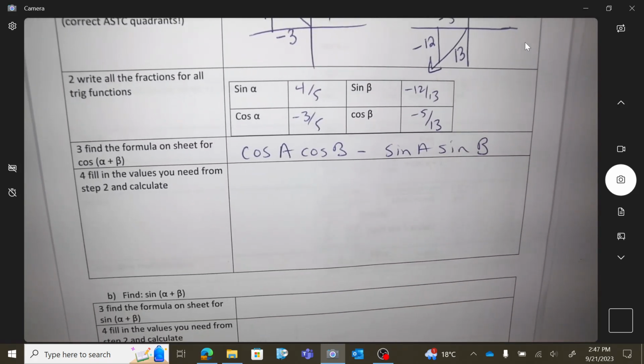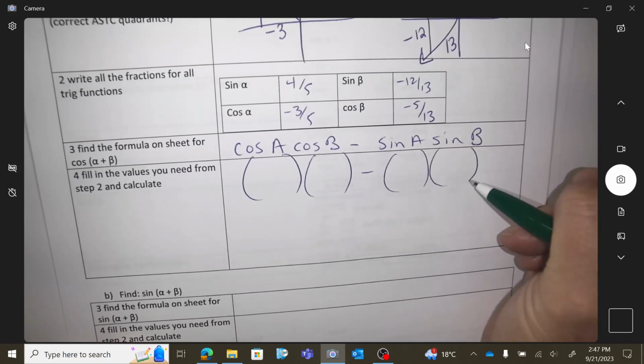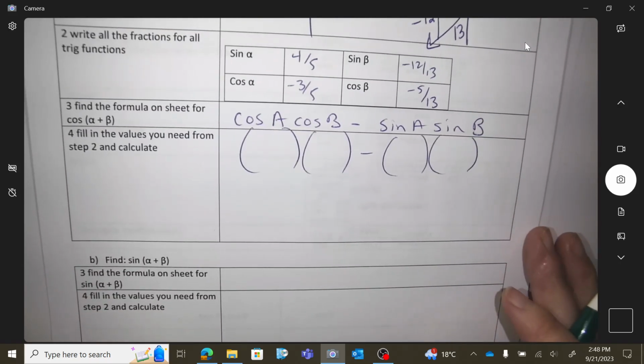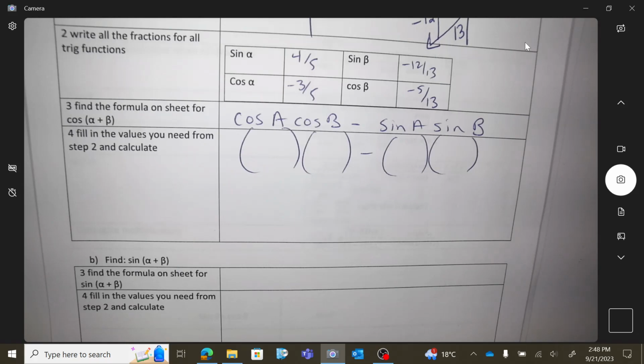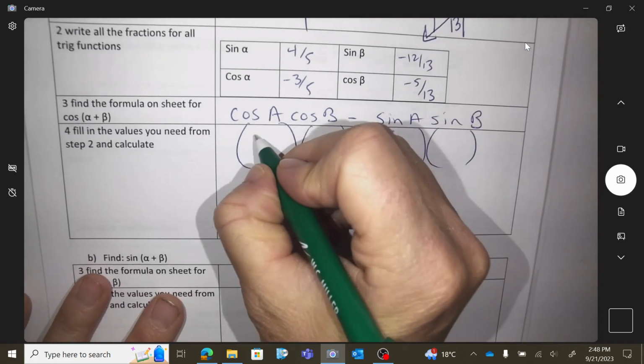So it's a cos minus a sine. Then I'm going to give myself some brackets to replace the trig values into those positions, and you have them all organized.